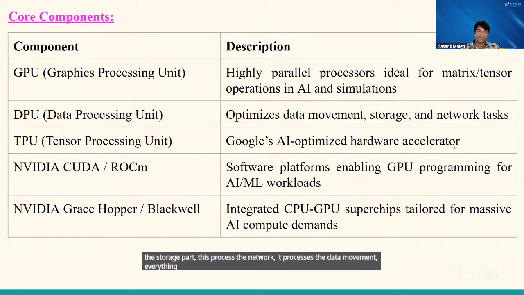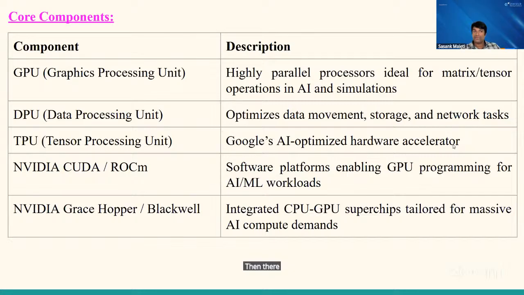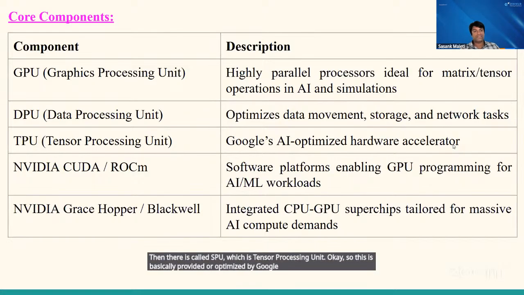Then there is the TPU, tensor processing unit, which is optimized by Google, because tensors are basically Google's technology. Next is Nvidia's CUDA, a platform used for AI and ML tasks.